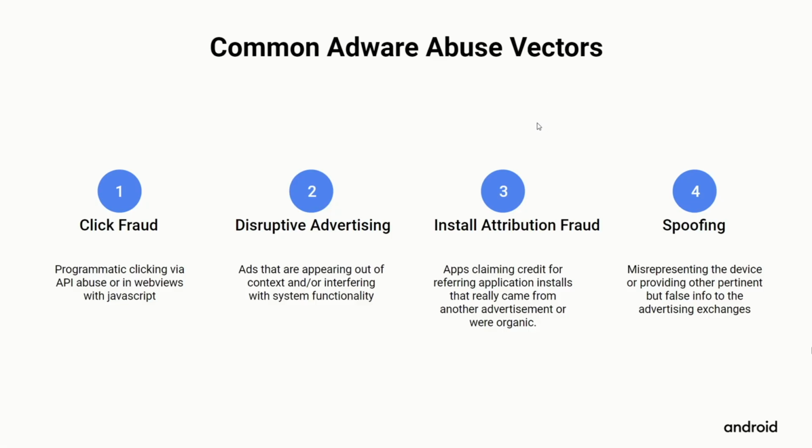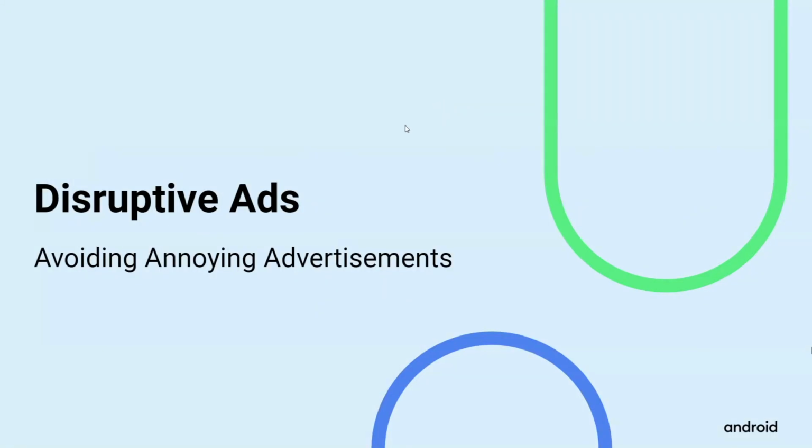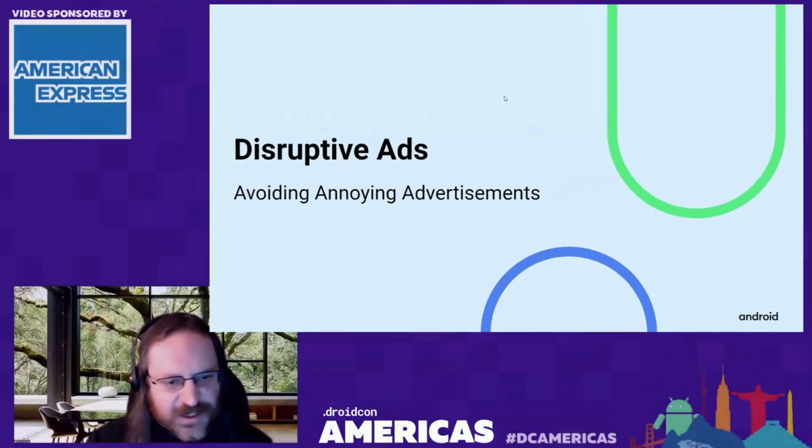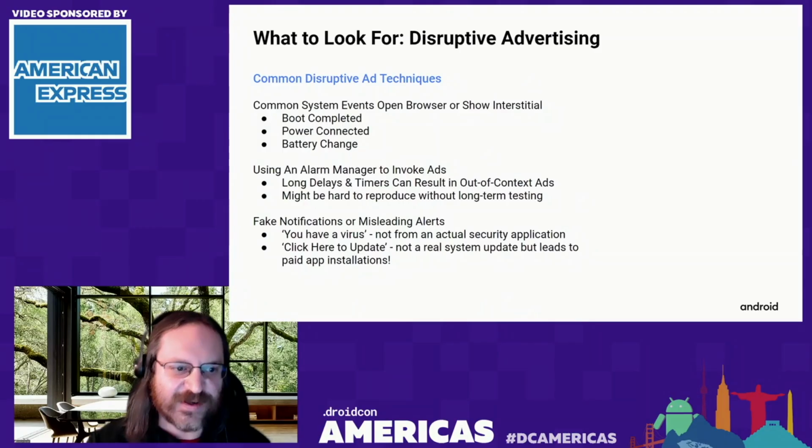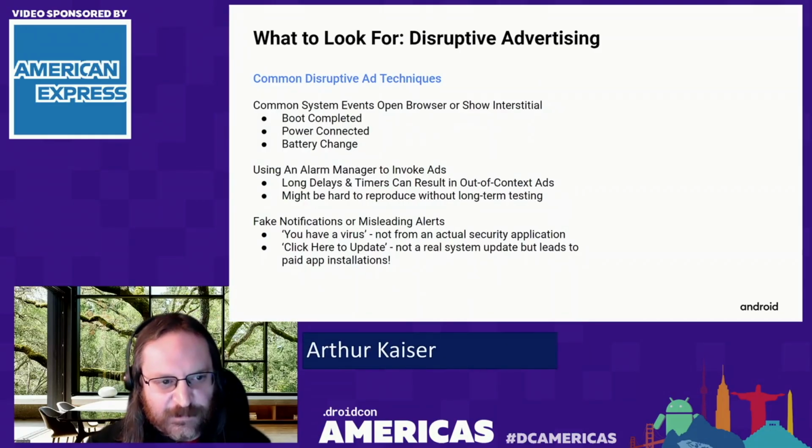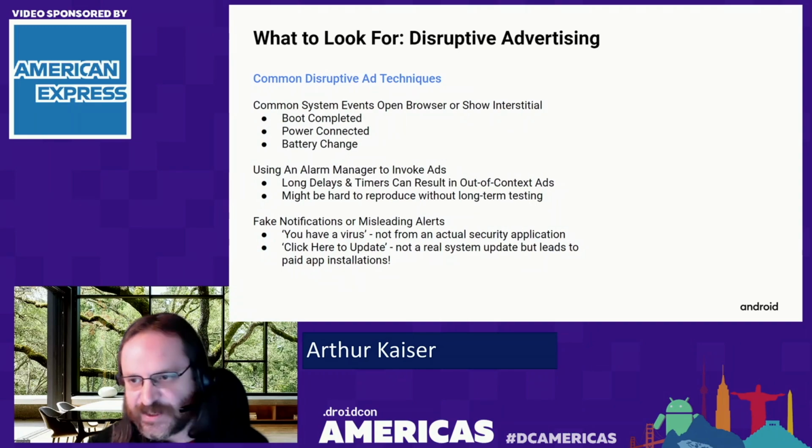So all these things as a whole are definitely major problems that need to be tackled individually. But let's start with disruptive ads because they are the most prevalent and obvious to the users. Disruptive ads can happen in a whole number of ways. Most often, I see them tied to some type of boot completed receiver.